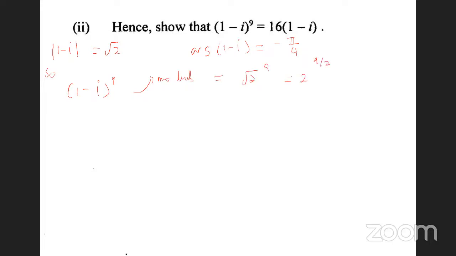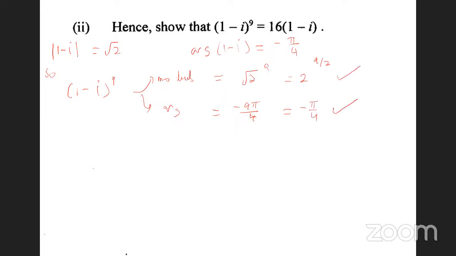Nice. And the argument of that would have been minus 9 pi on 4, but that was out of the range. So what was the value in the range? All right, minus pi on 4. Nice. So we have the modulus here and we have the argument.